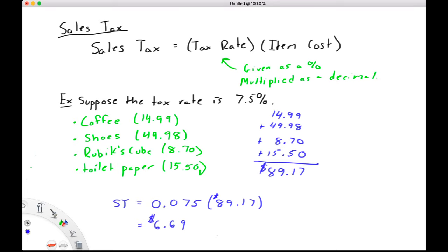And if you actually do this calculation on your calculator, you'll get 6.6877. But because we only go as far as breaking up dollars into cents, we only go to that hundredths place. We're just going to round it, and so we'll get 0.69.